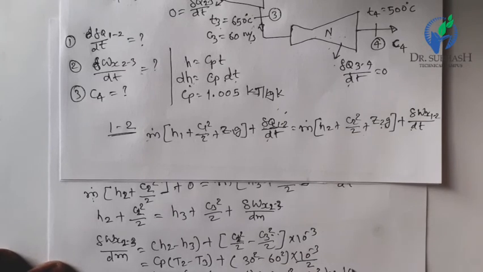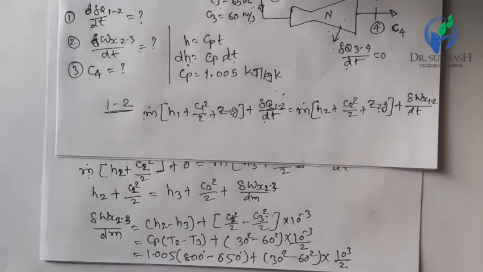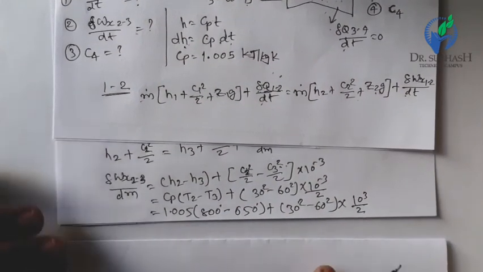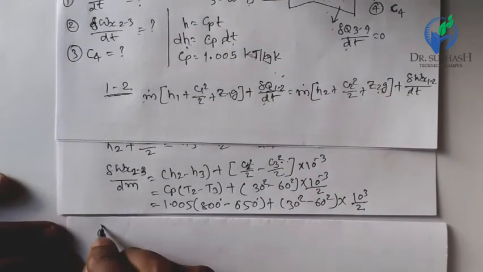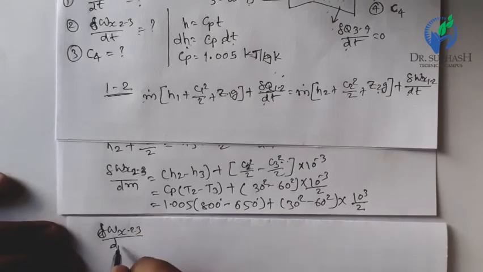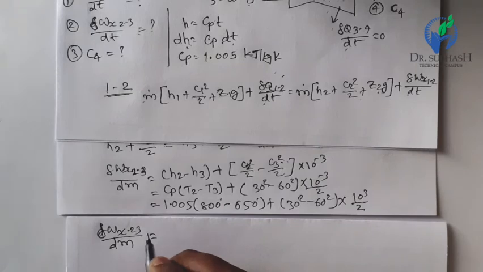del Wx 2 to 3 by dm equal to 149.4 kilojoule per kg. But in general terms work is measured in the rate form, say kilojoule per unit time. So to convert it into unit time we will multiply del Wx 2 to 3 by dt.